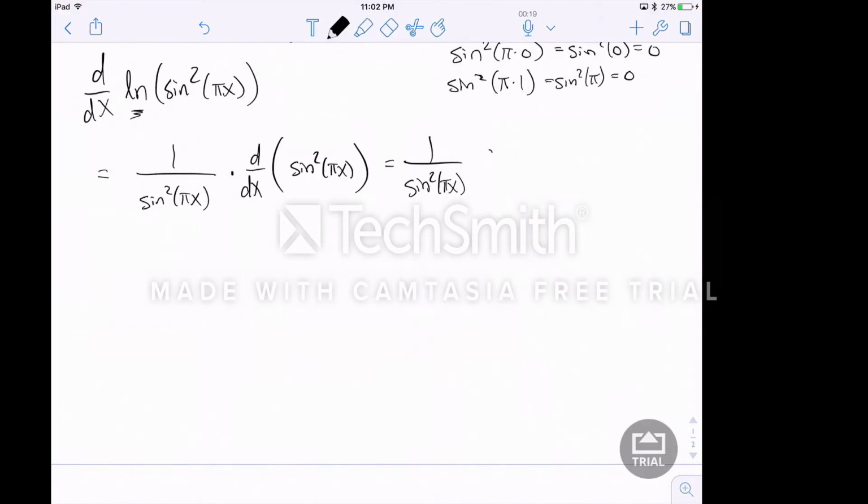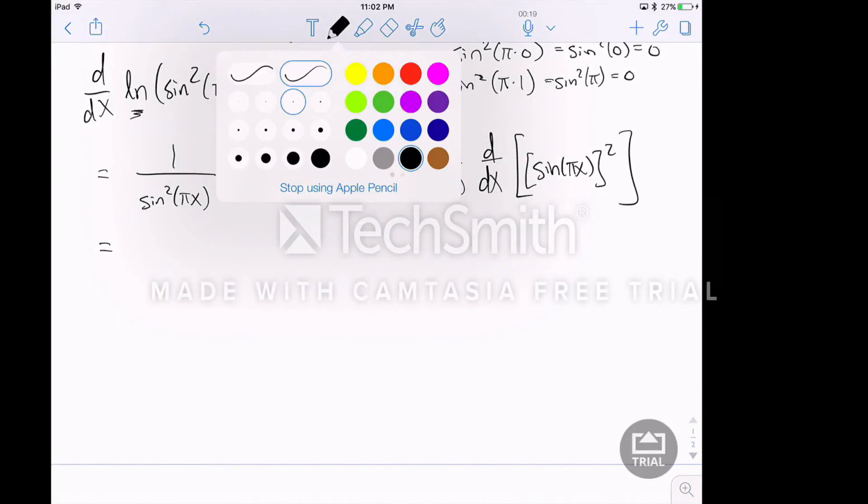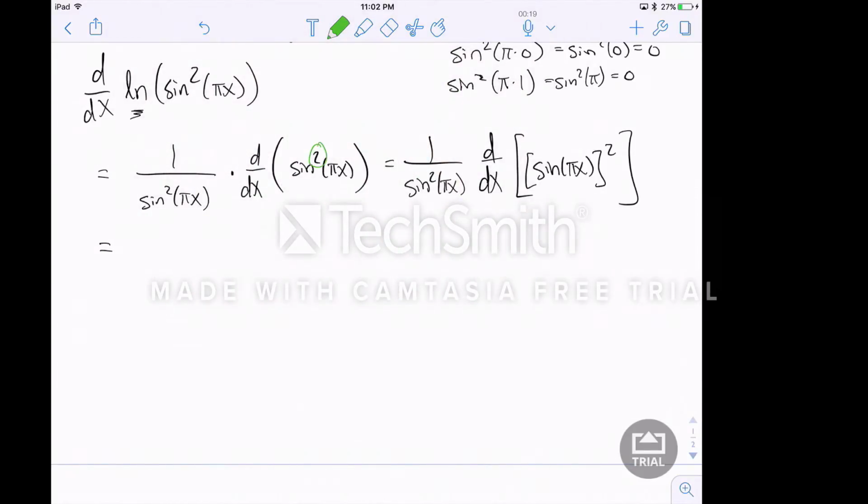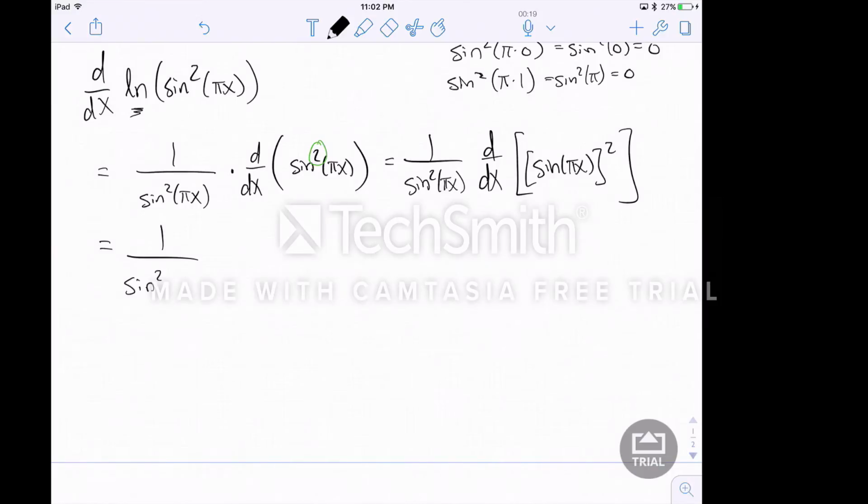So another way we could look at this is the derivative of sine of pi x, squared. That way it's less ambiguous as to what this 2 means. So we still have this sine squared of pi x hanging out.